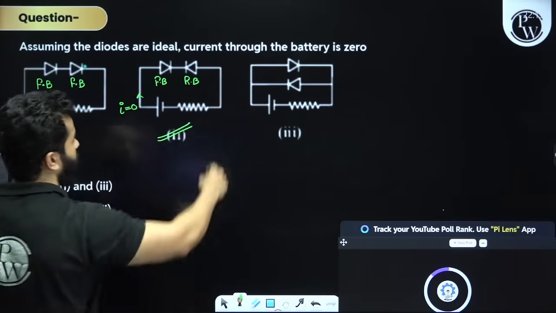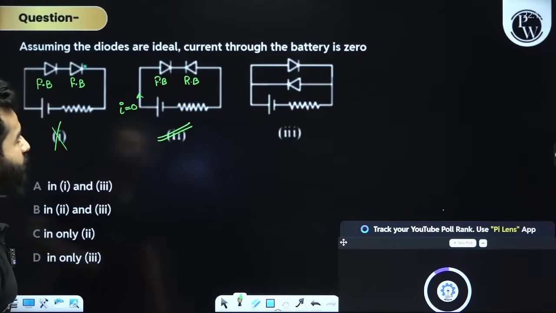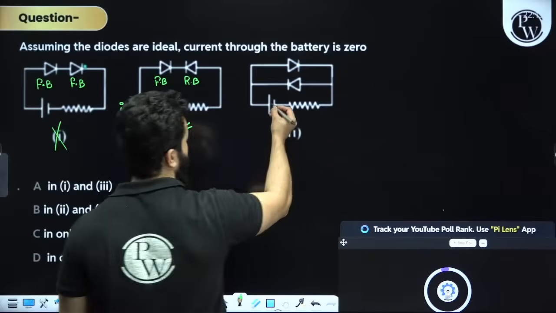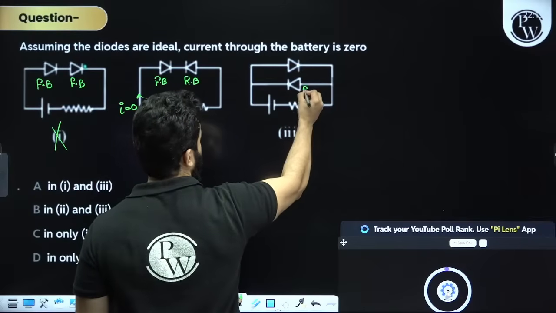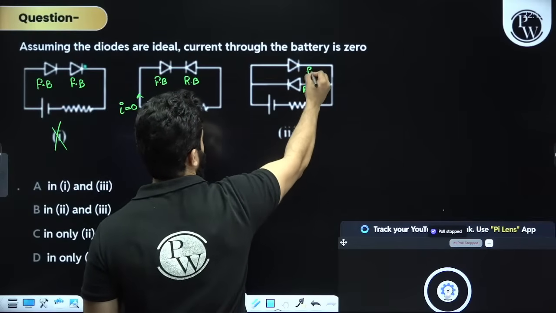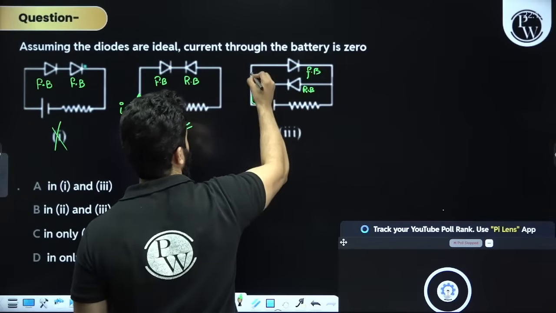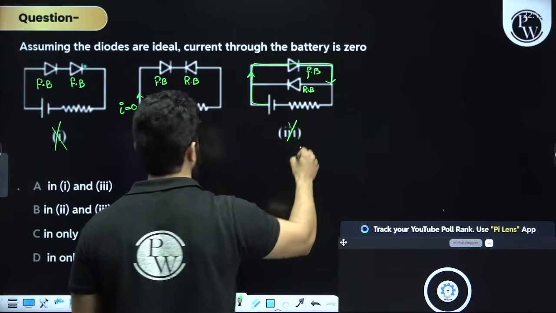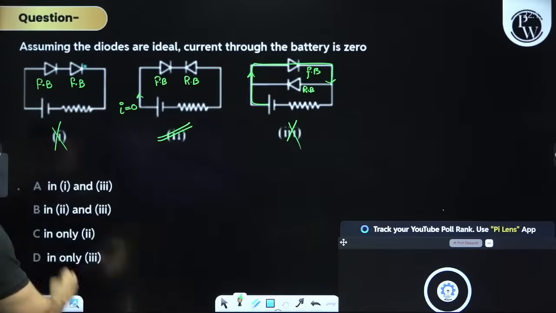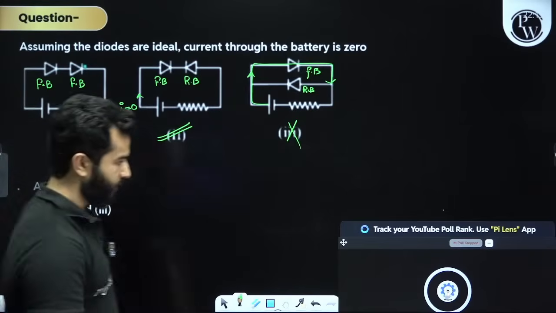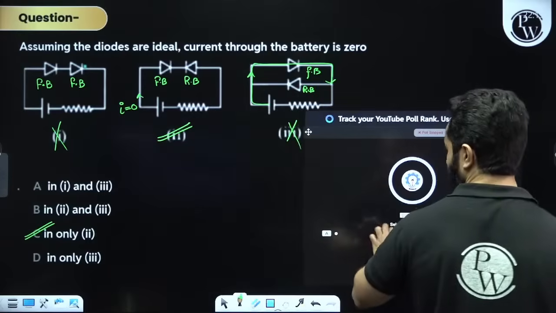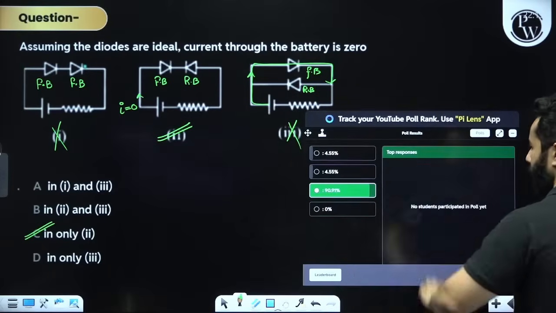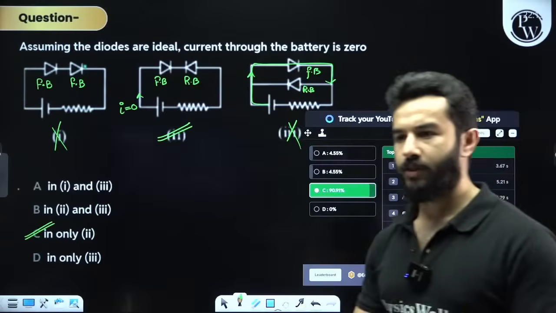They want us to find out in which case the current through the battery is 0. In this one, this is reverse bias, this is forward bias, but current will flow because it will flow from this path. So this is also not the case. That means the answer is in the second only. That means C option is correct. Clear?